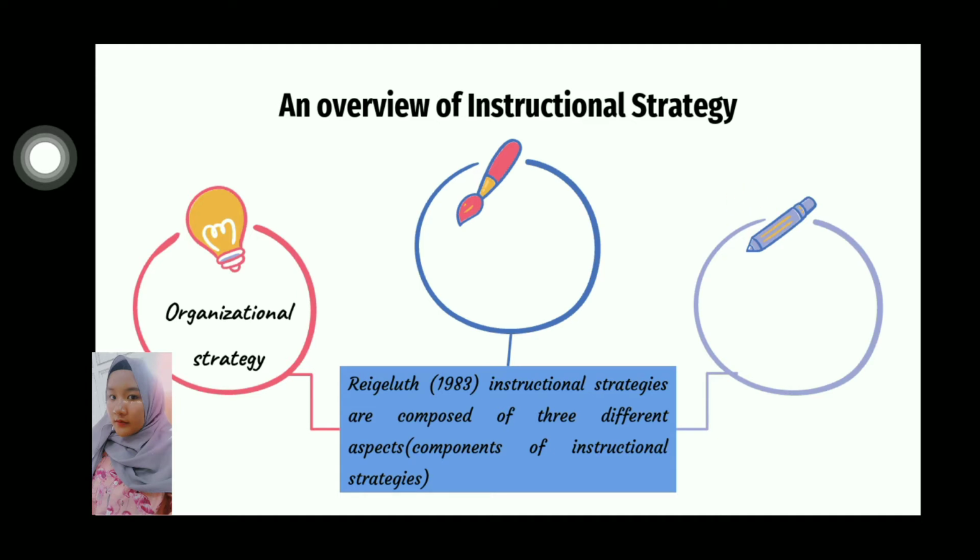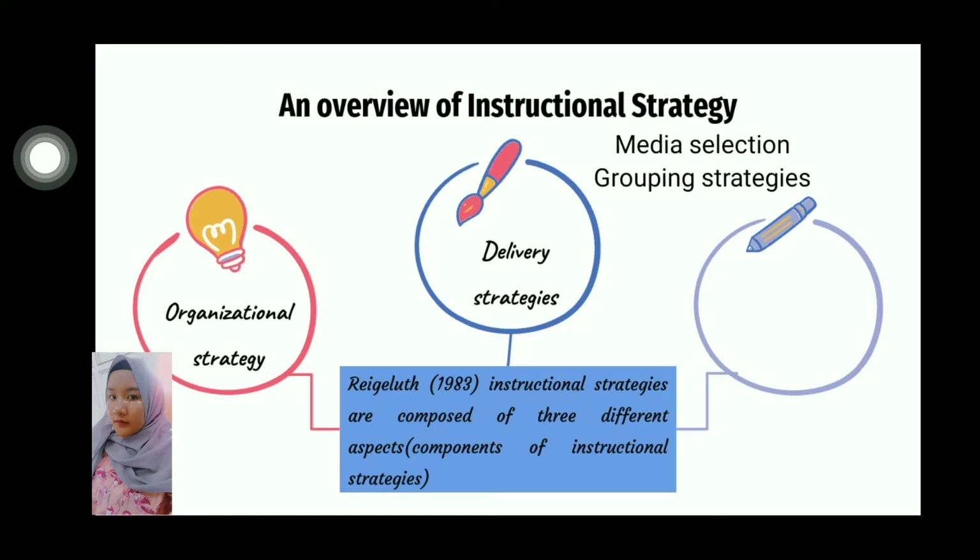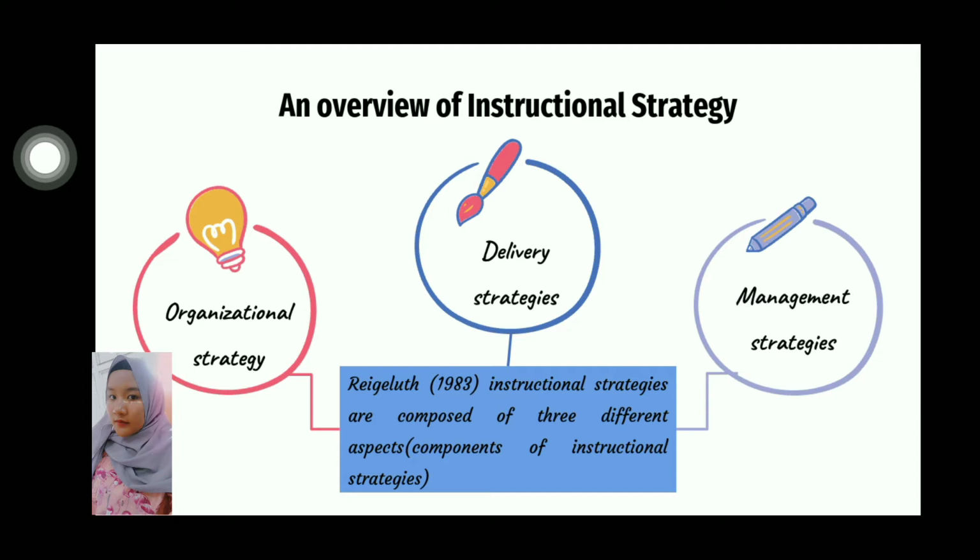And then the second one is delivery strategies. Delivery strategies characteristics deal with what instructional medium will be used and how learners will be grouped. It refers to media selection and grouping strategies. And then the third one is management strategies.